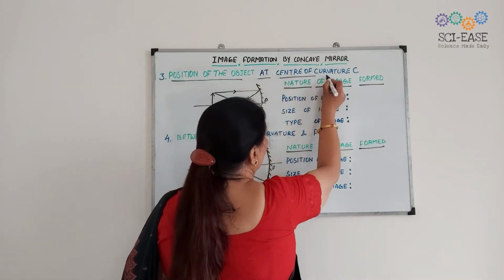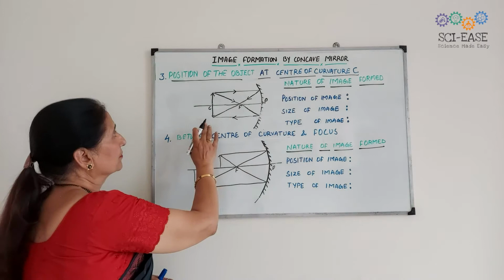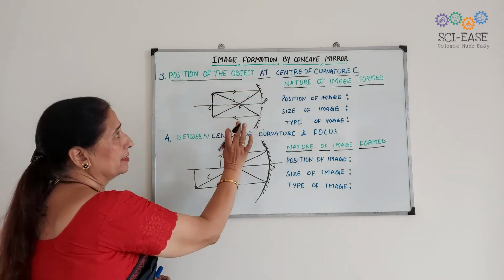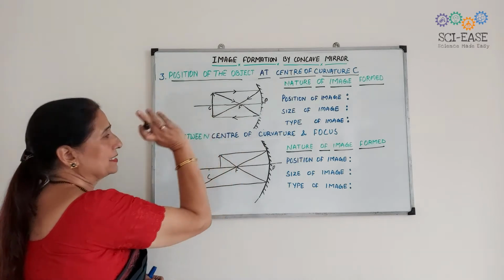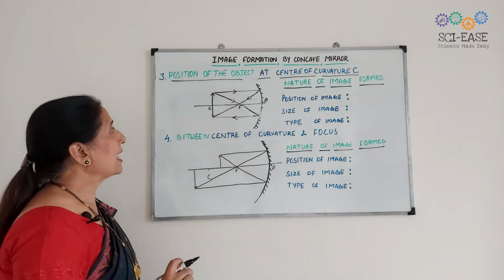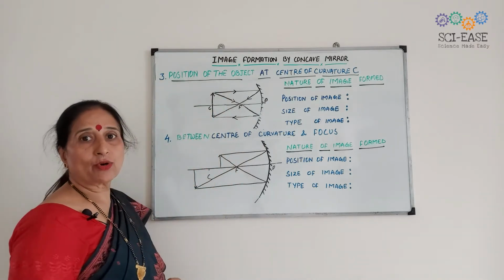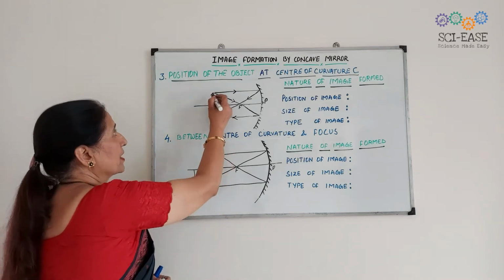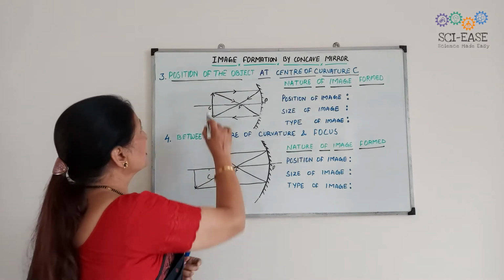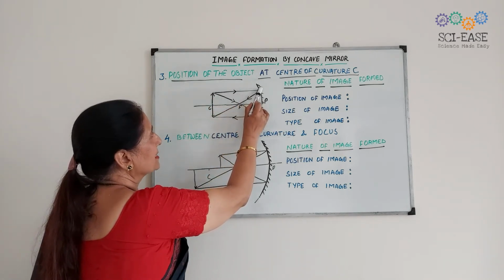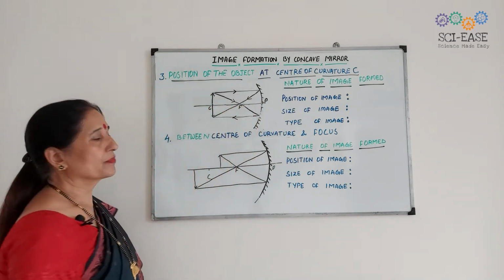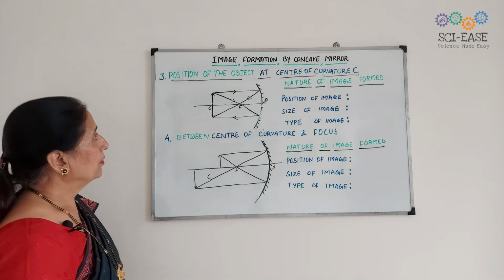Now this is the concave mirror, with point P the pole, the focus, and C. The object is at the center of curvature. The ray that will start from here parallel to the principal axis will pass through the focus.